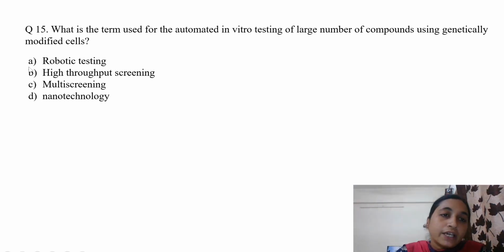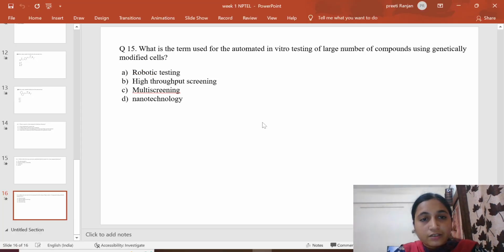Option A, robotic testing; option B, high throughput screening; option C, multi screening; and option D, nanotechnology. So what would be the answer? High throughput screening. Okay, so for today, this much only I have made, I think.